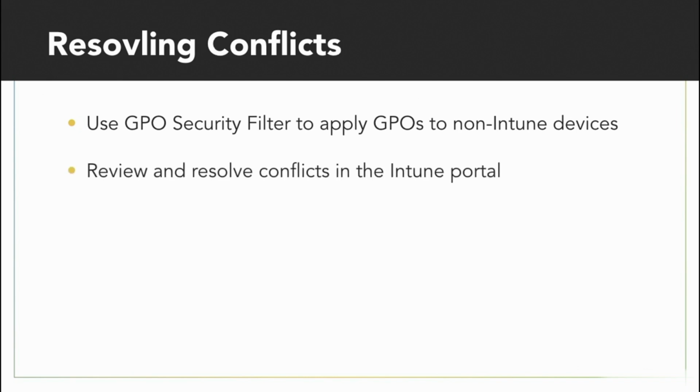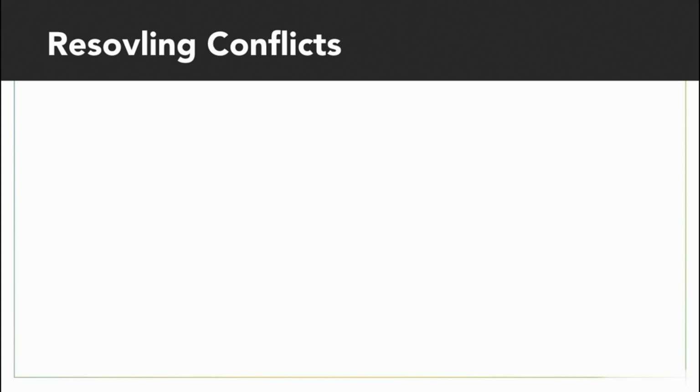We can also check for and resolve Intune policy conflicts within the Intune admin portal. There are also several group policy-related tools, such as GP Result, which will determine which group policy object settings are being applied to the local or remote PC.